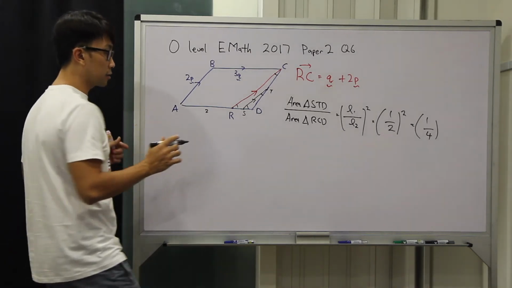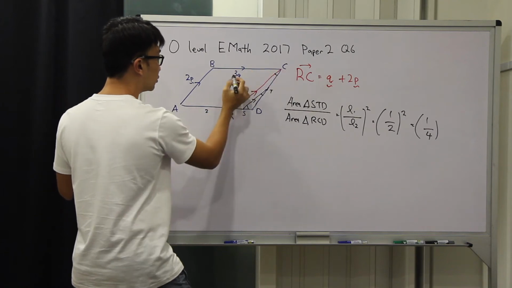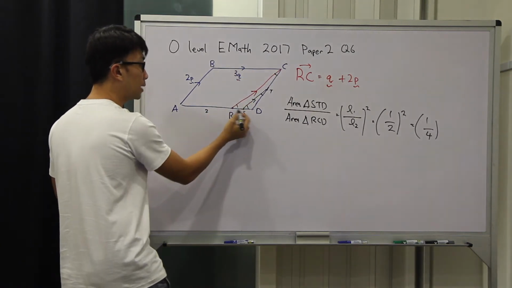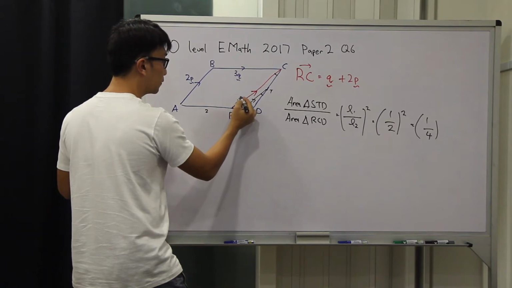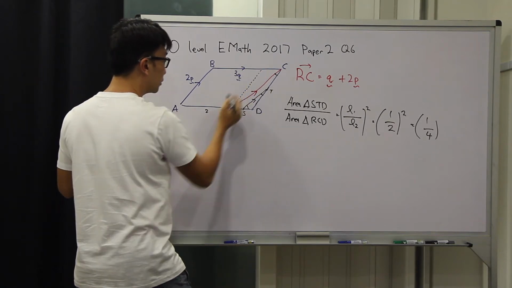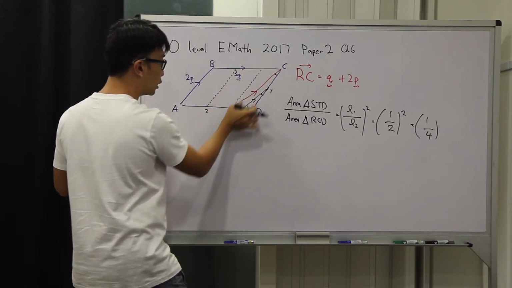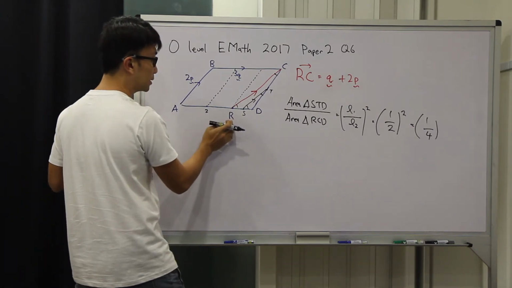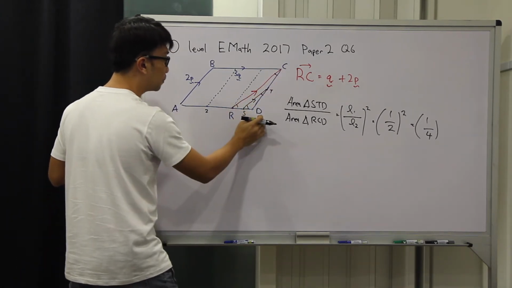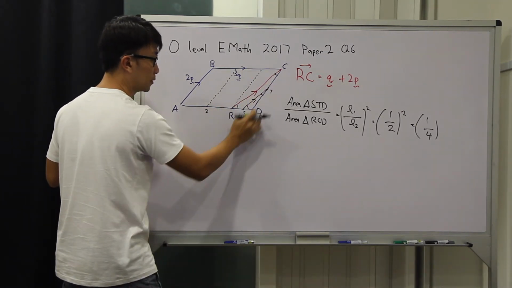Alright, let us next consider that BC is 3 cubes while RD is 1 cube. So essentially we have this divided into 3 equal portions of parallelograms, with RCD being a triangle that is half of this parallelogram.